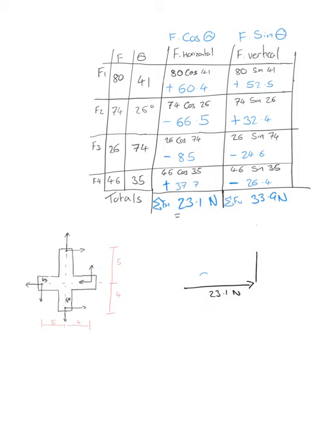So I can add these vectors by joining them together like this, and I can find the resultant of the force. All the resultant means is if we add all of those forces together, what would actually happen is it would move at this angle theta with magnitude r.